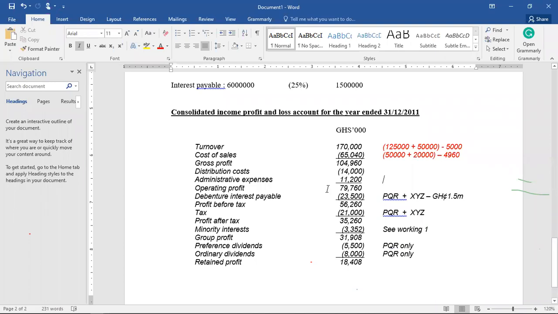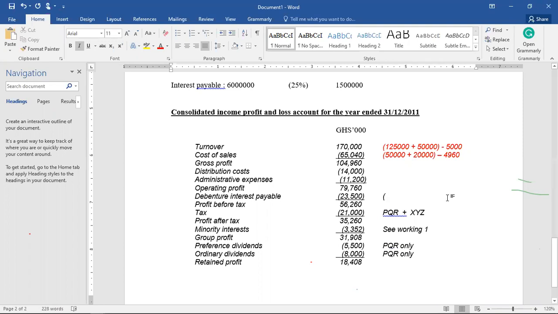Administrative expenses 8,000 plus 3,200. You get 11,200. So when you less these two from 8, you should get the 79,760 that they have over there to be the operating profits.